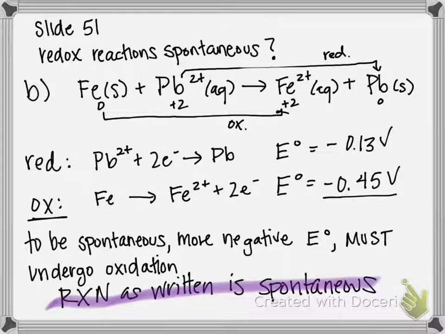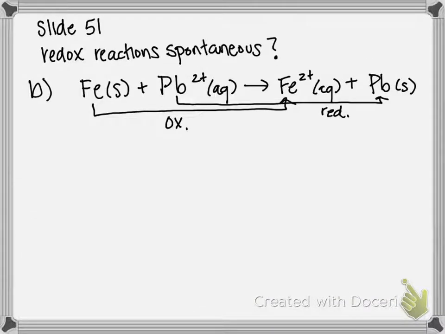So the question also states, if the reaction is spontaneous, make a sketch of the electrochemical cell in which the reaction could occur. In your sketches, make sure to label anode, cathode, and direction of electron flow. So this is something we have not done yet, but I'm going to show you how to do a simple sketch for this.